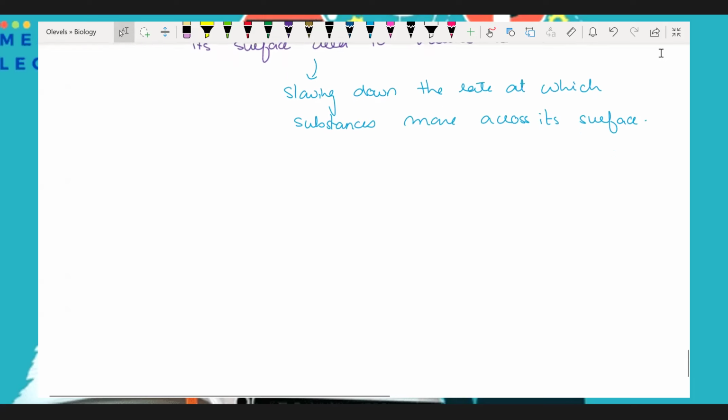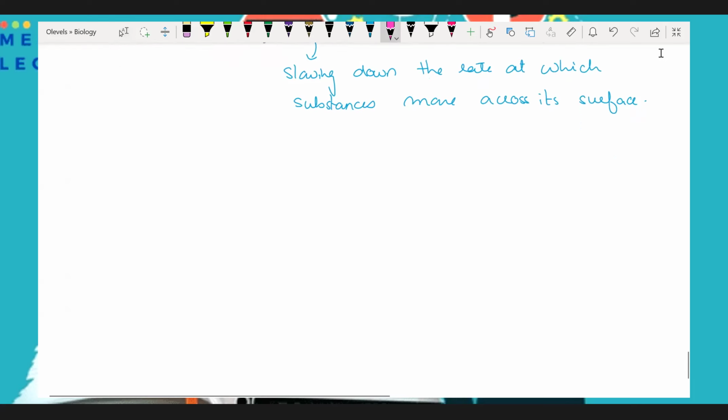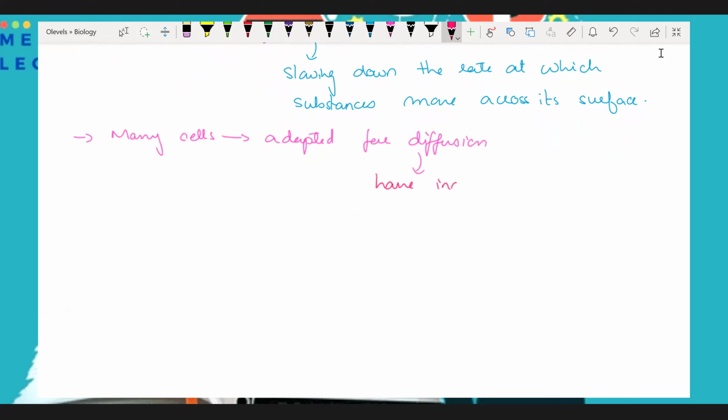Now, we know that there are many cells that are adapted for diffusion. What adaptation do they have? That they have increased surface area. Like alveoli. Good.